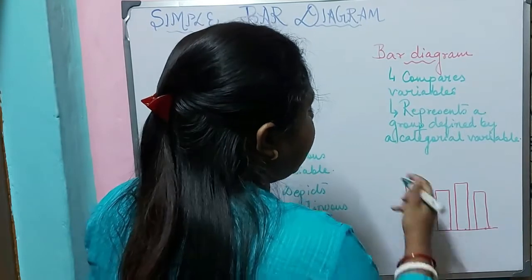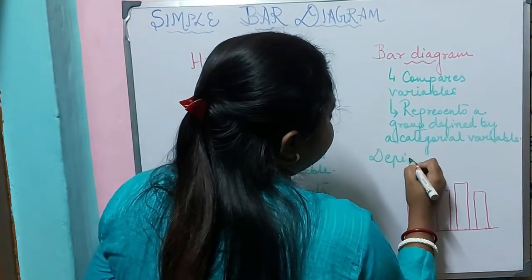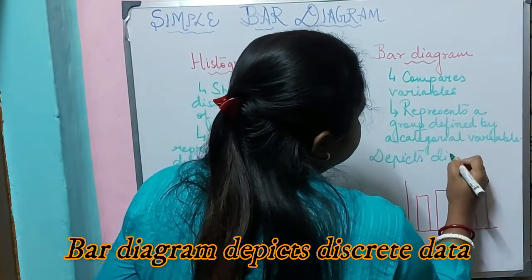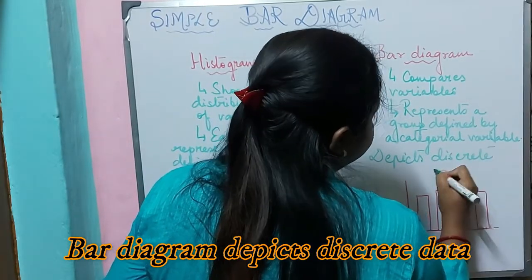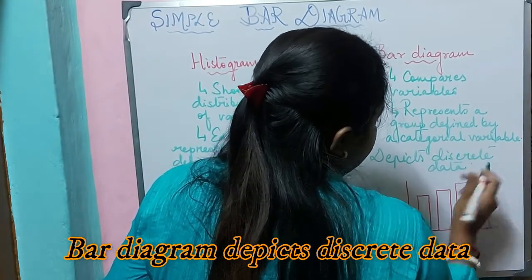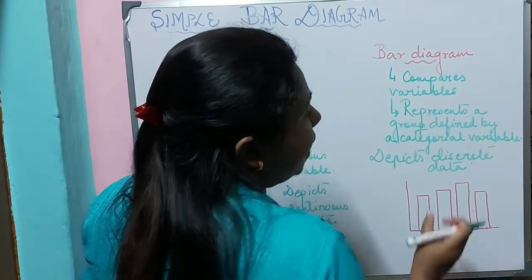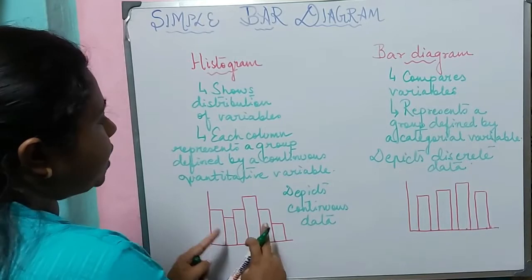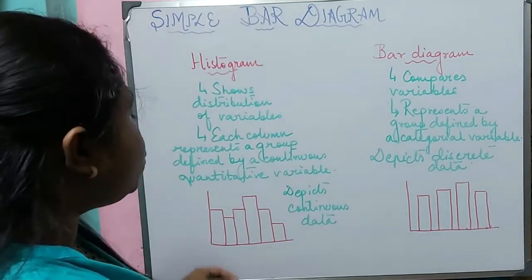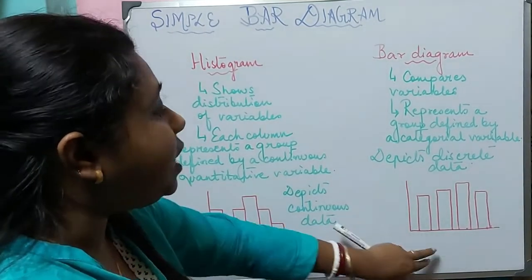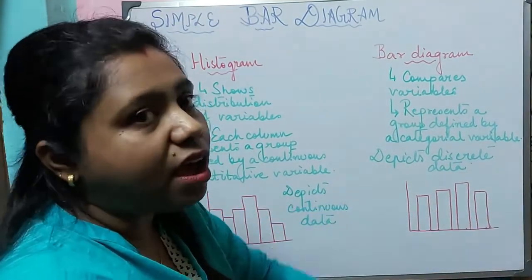So we can say that a bar diagram depicts discrete data, and there is equal space between the bars, but in a histogram there is no space between the bars. A histogram is used to show the distribution of variables, but in a bar diagram we can easily compare the variables.